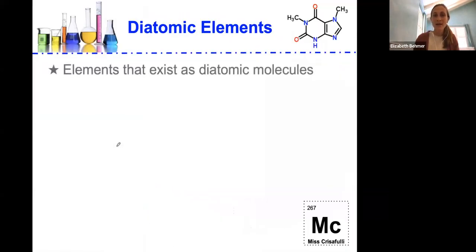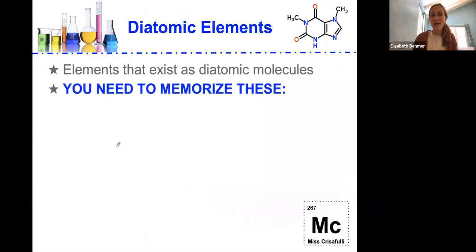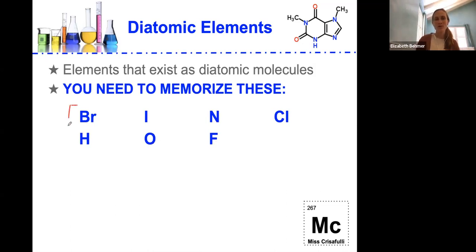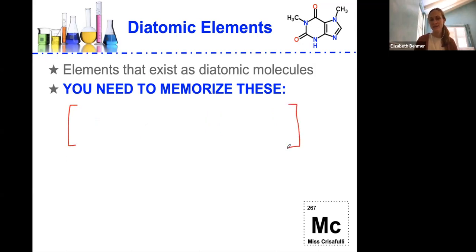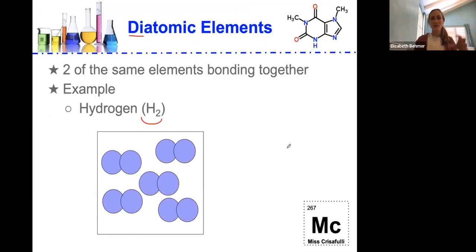More about diatomic elements. They're elements that exist as diatomic molecules, and you should know these or memorize. We have bromine, iodine, nitrogen, chlorine, fluorine, oxygen, and hydrogen. So it's a good idea to memorize these diatomic elements, which again are elements that exist with two of the same elements bound together.